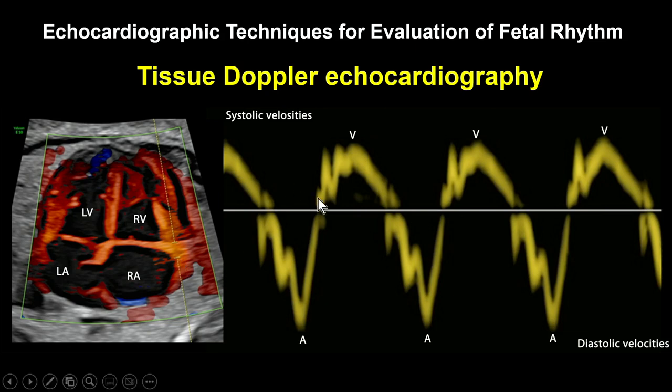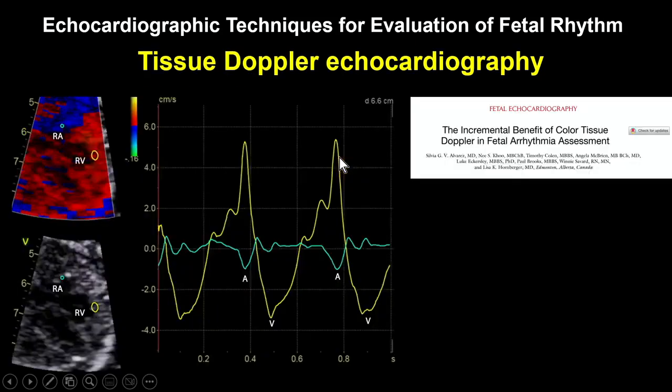And then we will get the trace that demonstrates the ventricular contraction, so systolic motion of the myocardium. And then we can see the biphasic diastolic motion, meaning that this is a motion during early diastole and this is motion during atrial contraction. And this is how we can identify, again, each atrial contraction followed by ventricular contraction.